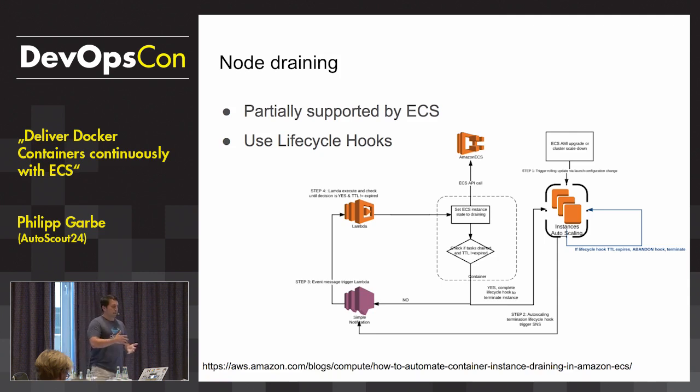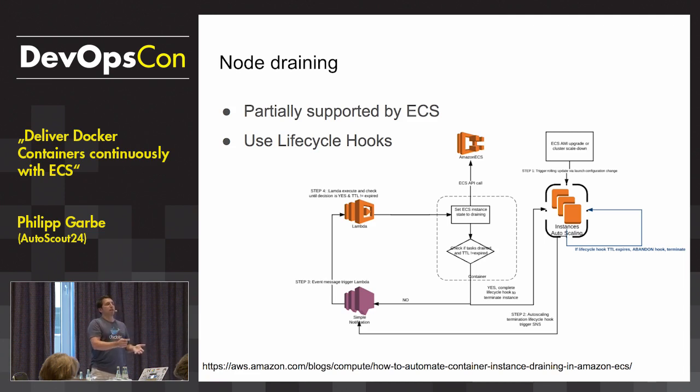And you have to do that part by yourself. The solution, also based on an AWS blog post, is that whenever the EC2 instance gets terminated, it triggers an event, and you can subscribe to that. It's called a lifecycle hook. Start a Lambda, tell ECS, okay, please drain that node.